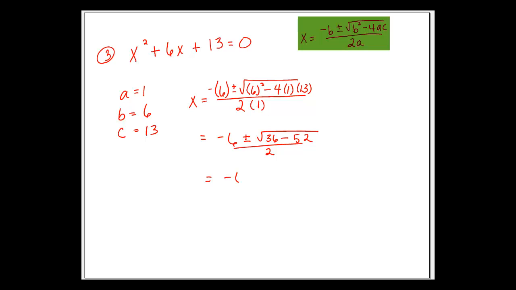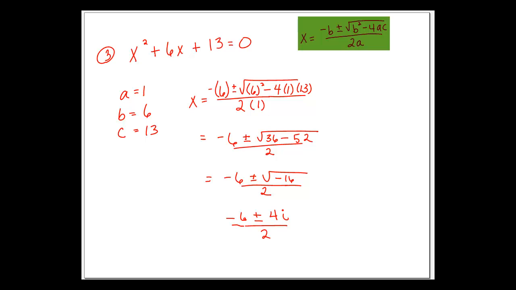Now we have negative 6 plus or minus, simplifying inside the radical, 36 minus 52 is negative 16, again all over 2. You always want to simplify your radical, and this is a perfect square with a negative inside, which is an imaginary number, so we end up with negative 6 plus or minus 4i over 2.